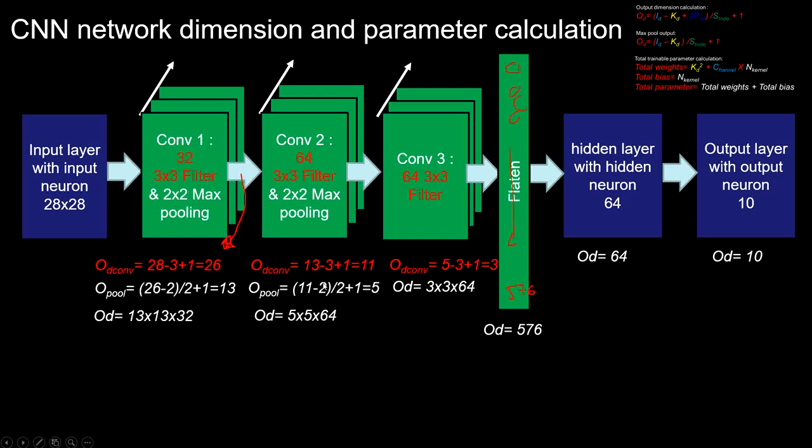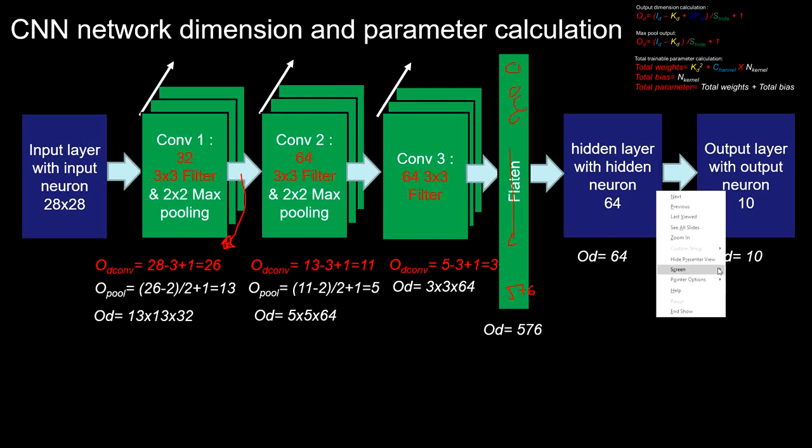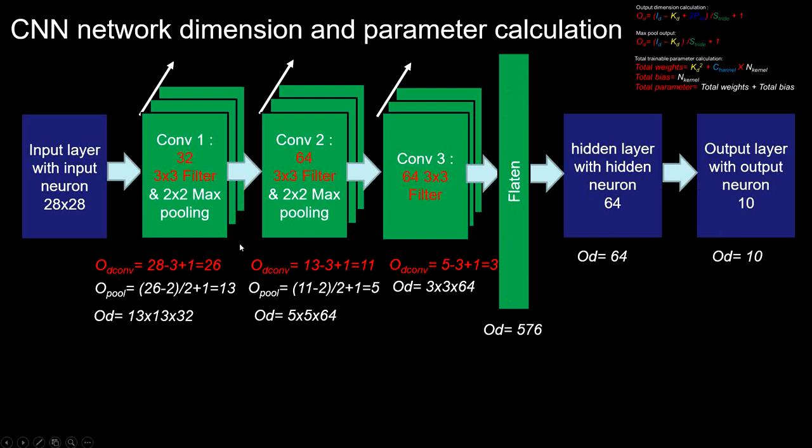For the first part of the convolutional layers, I'll clear the screen first. If you want to calculate the parameters for this layer, for the first layer we have 32 filters, and 3x3 filters, multiplied with the dimension of your input image, which in this case is 1, and then the number of filters, which is 32.